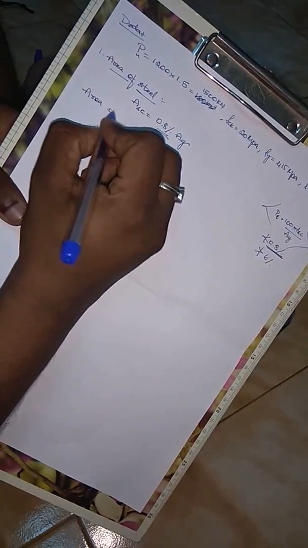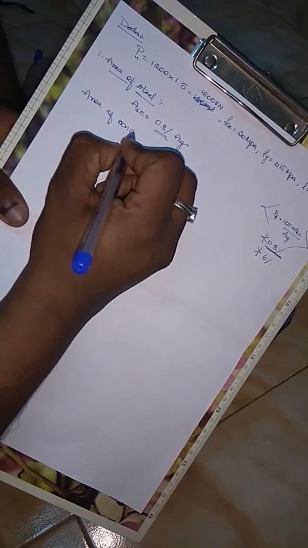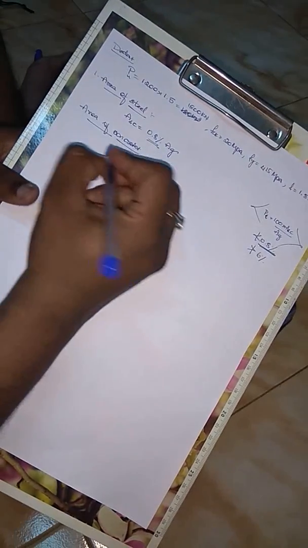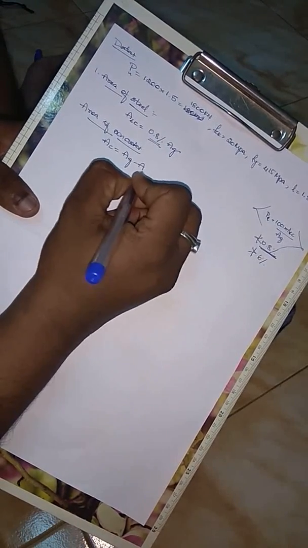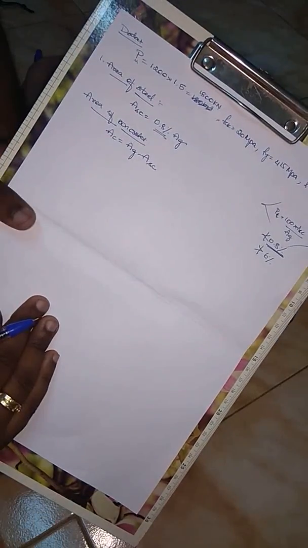Next, area of concrete. What is the formula for area of concrete? AC is equal to AG minus ASC.